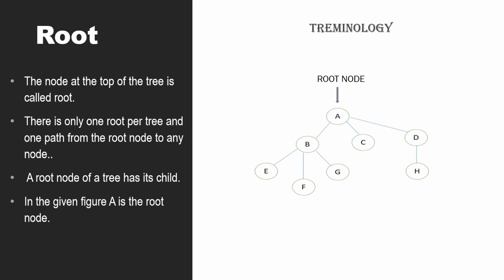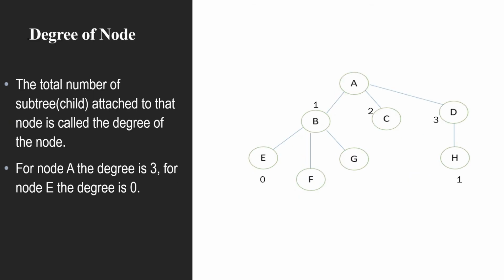Next term is degree of the node. What is the degree of the node? The total number of children attached to that node is called the degree of the node. Let us see in our diagram. Take node A. A contains B as a child, C as a child, and D as a child.